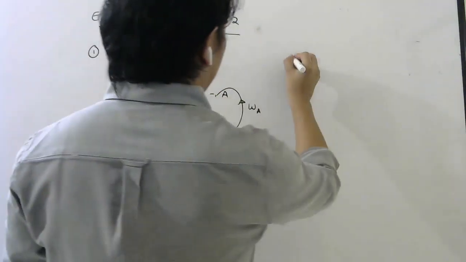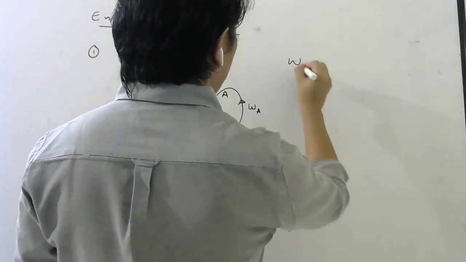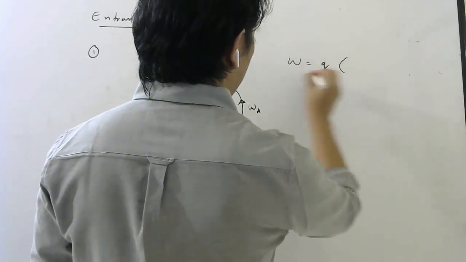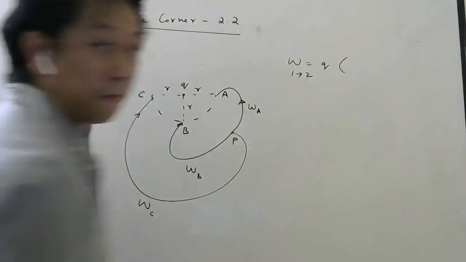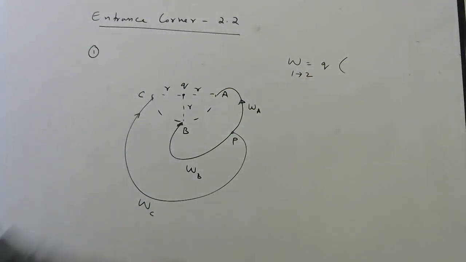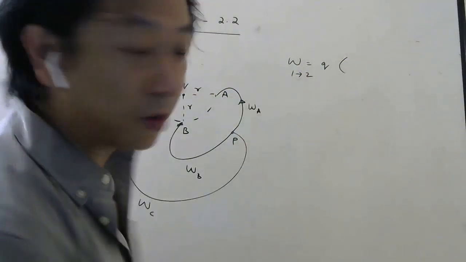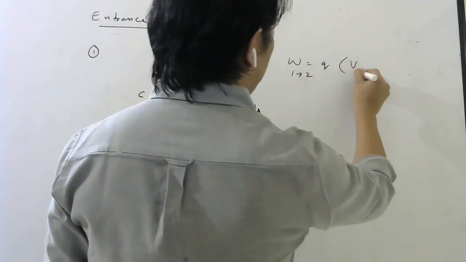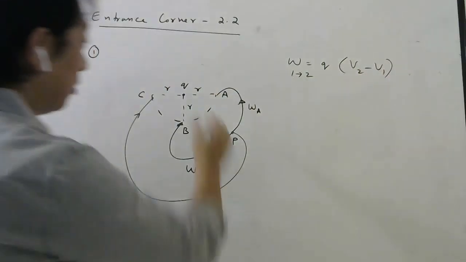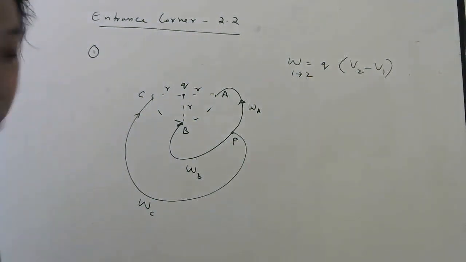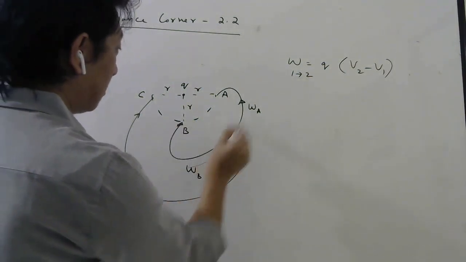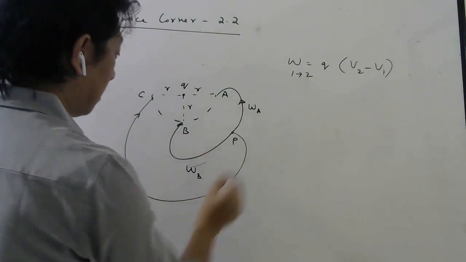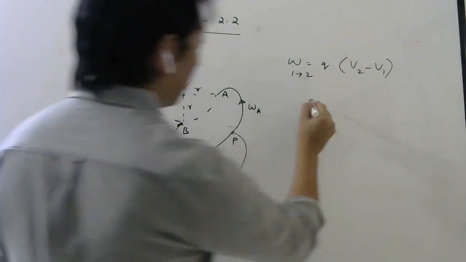Okay, let us go back. What is the formula for work done? Charge that you are moving, let us say from 1 to 2, let me write this time. So if you move a charge Q from 1 to 2, what is the formula for work done? Q into V2 minus V1. Now in each case you are moving the same charge and you are moving from same point to sometimes A, sometimes B, sometimes C. So initial point is common.